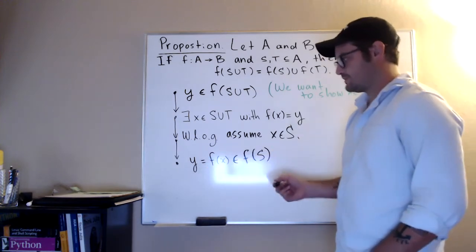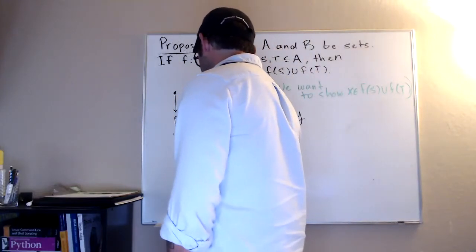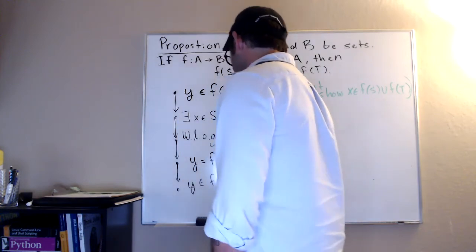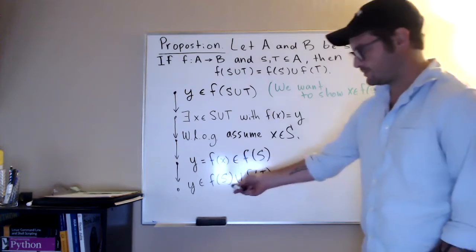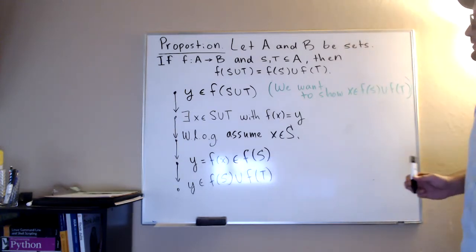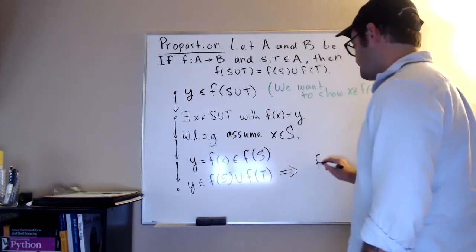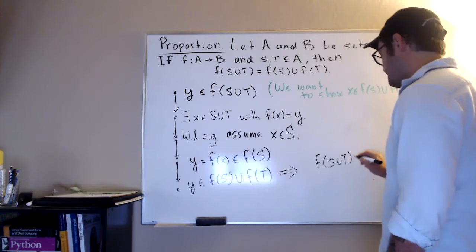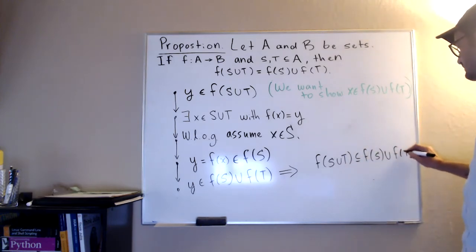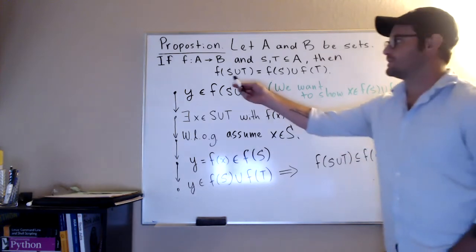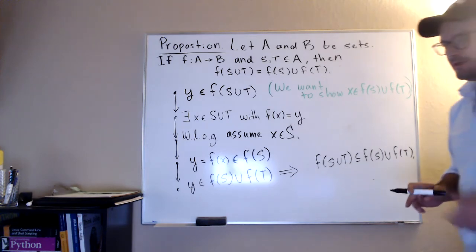So y is an element of the image of S, but that means that y must be an element of f of S union f of T. And if it's in that, it better be in that union. So all this together shows me that f of S union T is a subset of f of S union f of T. So I pick something in there, and then it has to be over there, so it's a subset of it.